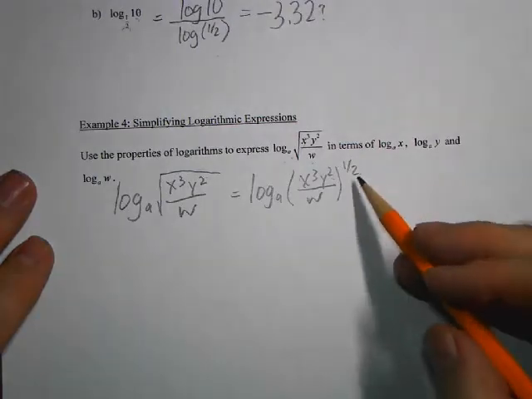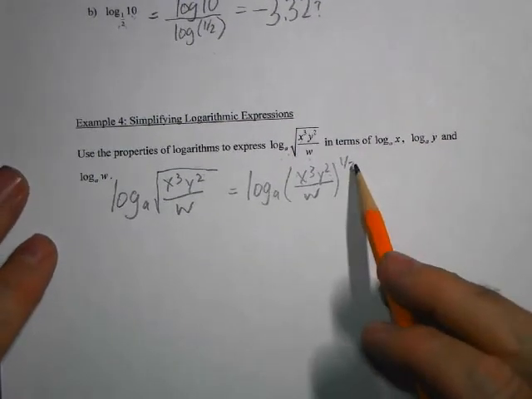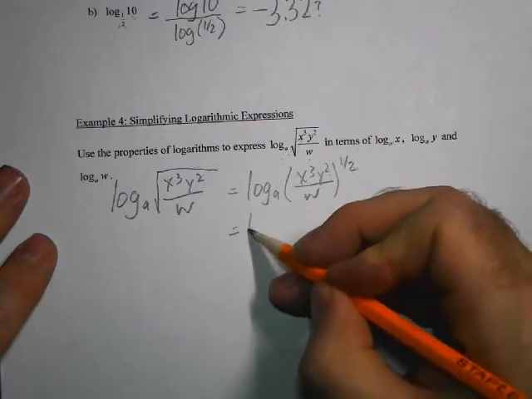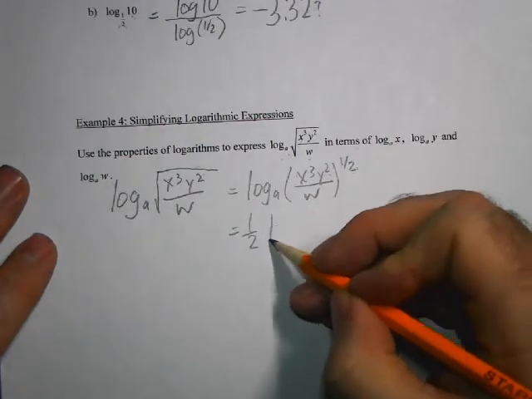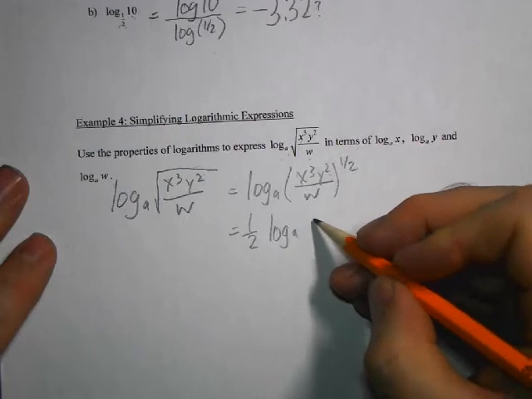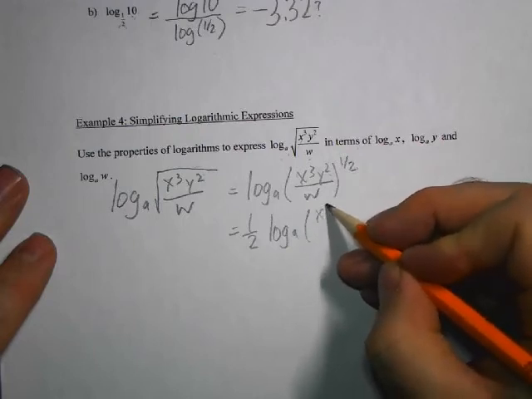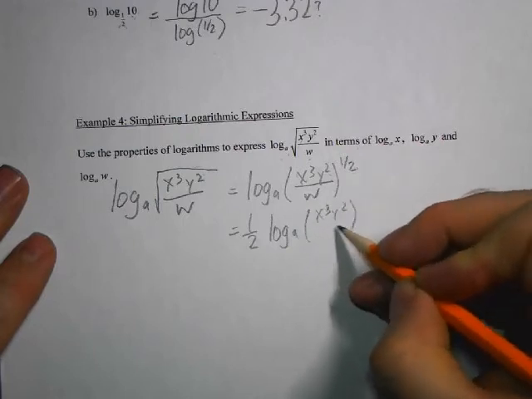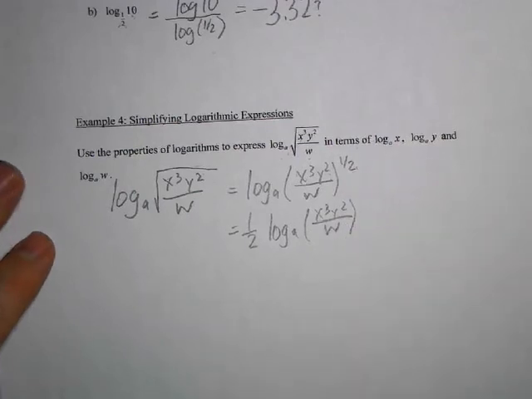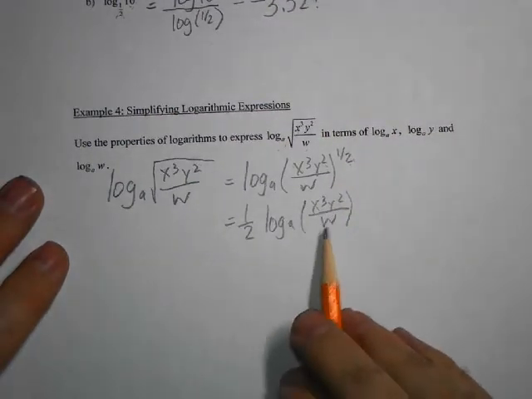So now I can use the power rule, take that 1/2 exponent, bring it out front. So that's 1/2 times log base a of x cubed y squared over w.